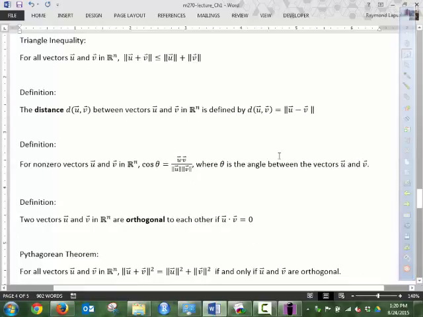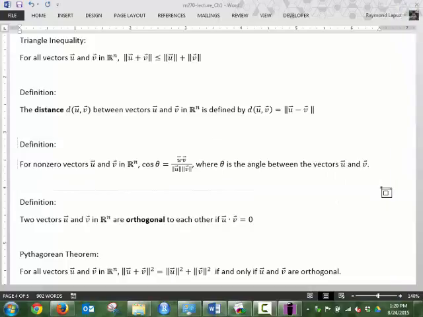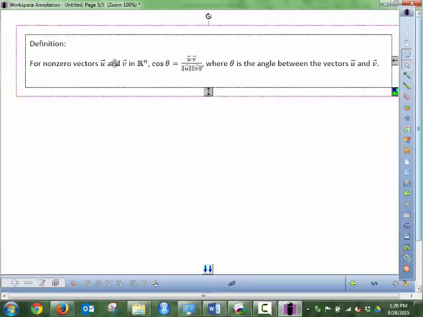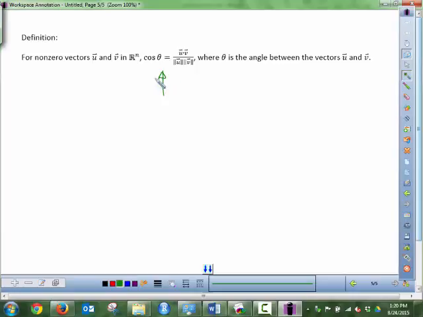But some books define it this way, so I don't know if in your book this is also called a definition of the dot product. But here they're not defining the dot product, they're more defining the angle between the 2 vectors. But this is really an important geometrical fact and also used a lot in physics and finding force and things like that.